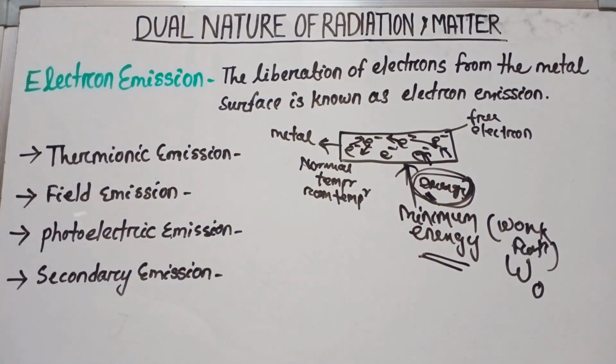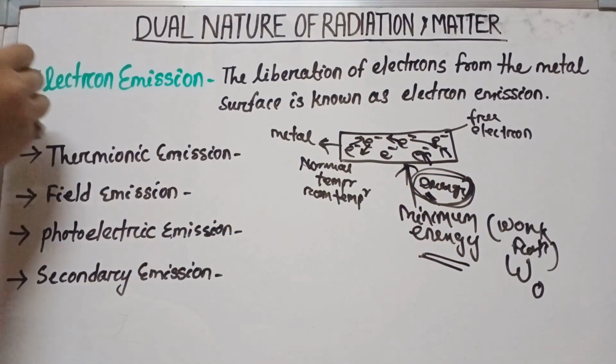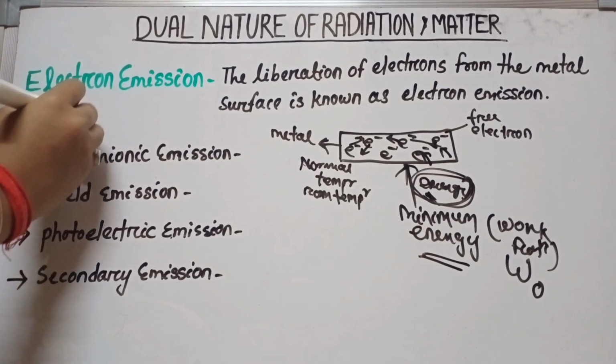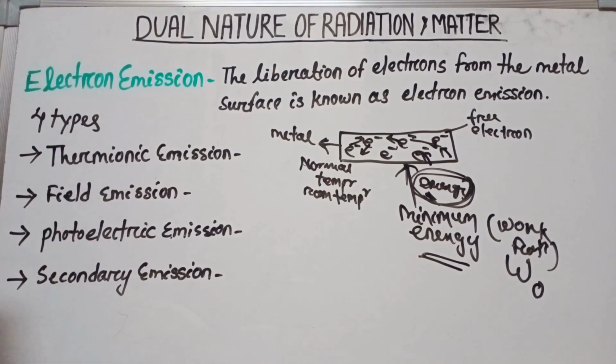Now, there are four types of electron emission: thermionic emission, field emission, photoelectric emission and secondary emission. We go through the types one by one.